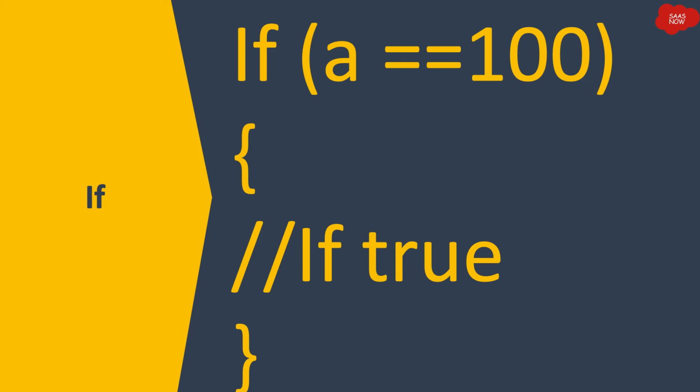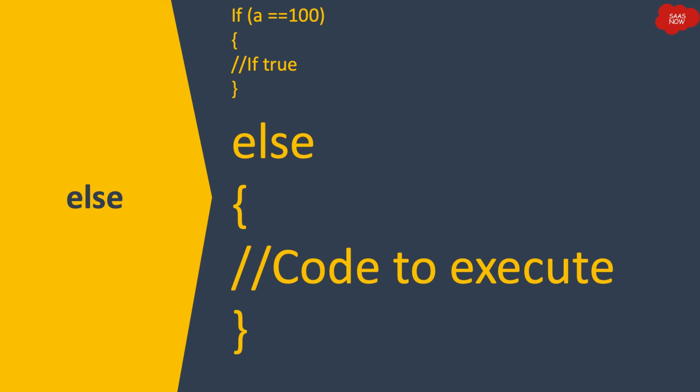Once you are done with this if, and you want to execute that code with that if condition, then you can also use else. That means if the first condition is not being met, then you can use else. What else you want to execute, you can mention over here.